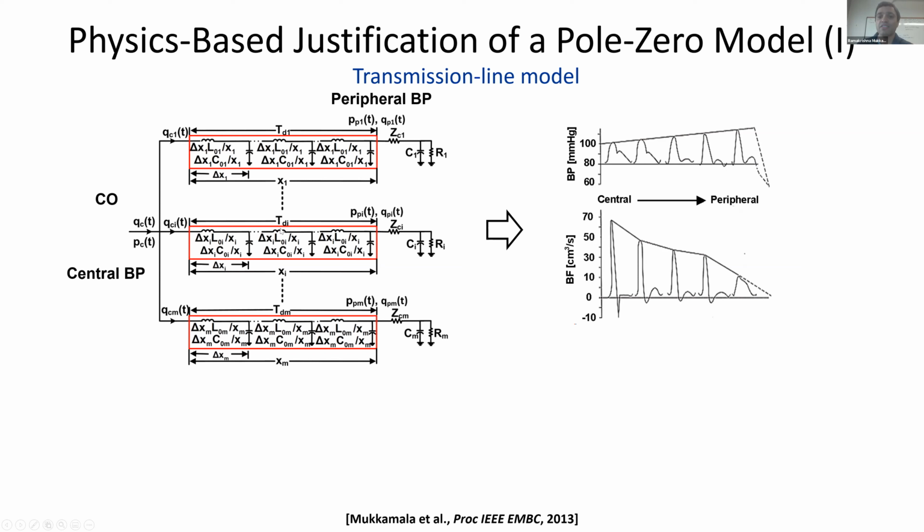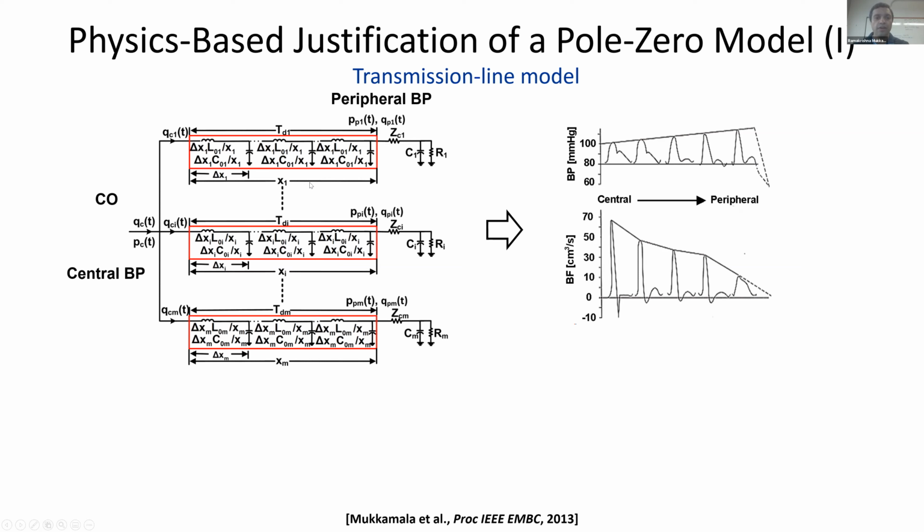In this way, this model is able to predict the progressive distortion that blood pressure and blood flow rate waveforms undergo with increasing distance from the heart. Also, the transfer functions relating blood flow rate and blood pressure waveforms at various sites on the transmission lines may be readily derived from this model.